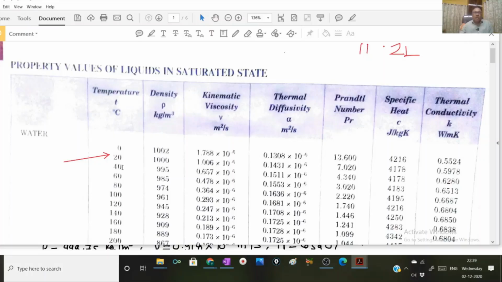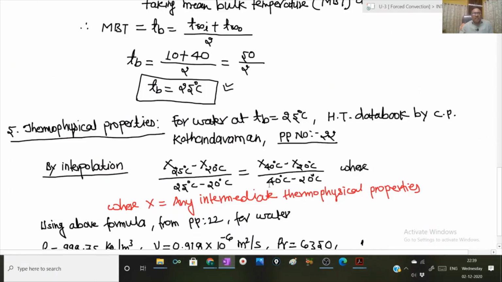In order to calculate the thermophysical properties at 25 degrees Celsius, we need to interpolate the properties between these two temperatures. That is why I have taken the reference temperature of 25 degrees Celsius and the lower and upper temperatures as 20 and 40 degrees Celsius, because 25 degrees Celsius lies between these two temperatures in the data book table.